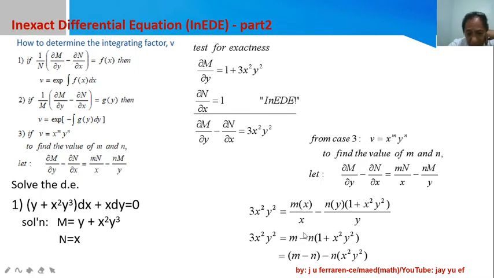So we have m minus n times a quantity, 1 plus x squared y squared. Now I try to group the terms involving the constant and the term containing x squared y squared with their corresponding coefficients. The constant term is m minus n, and the x squared y squared term has a coefficient of minus n.